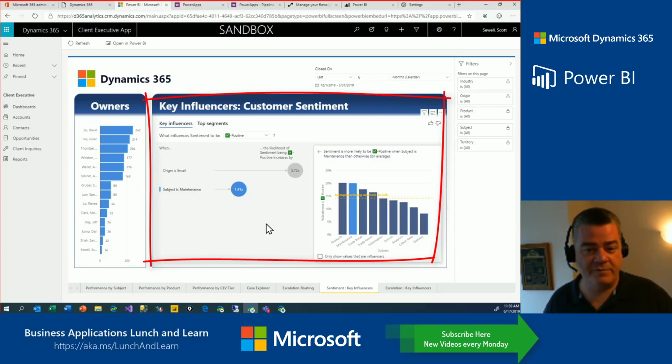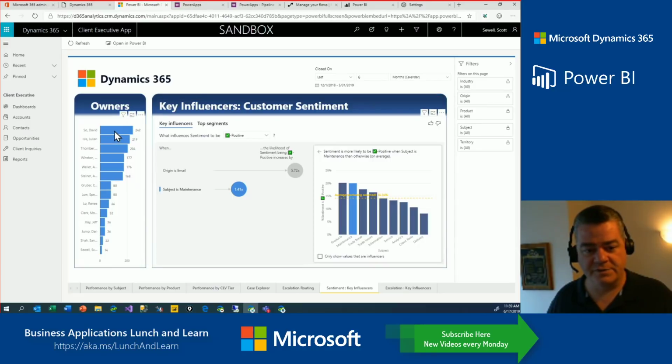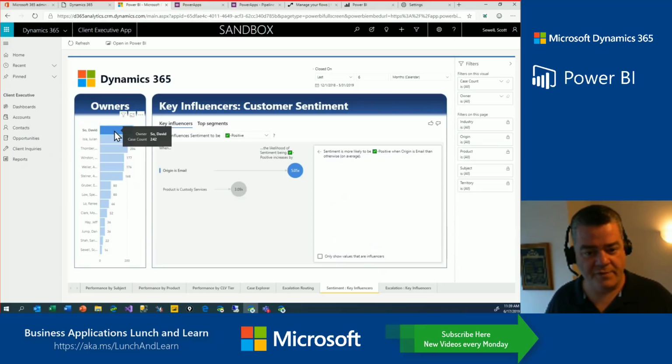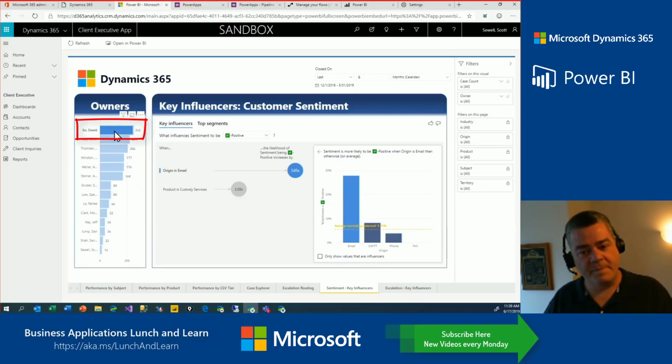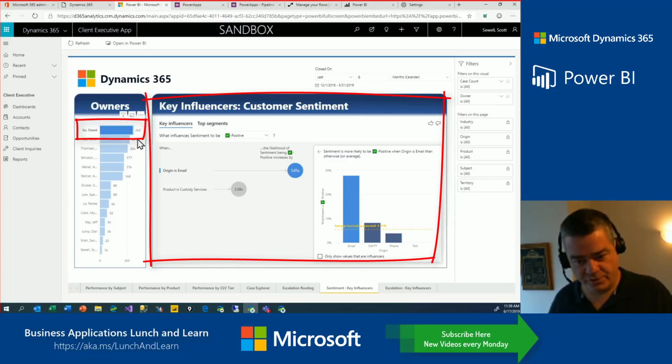But I can take this same information and start filtering it. Let's take an example: I'm going to have a coaching session with David So here, and David has 242 cases. And if I filter to just David, I see that, sure enough, the same thing is true there. With the origin being email, he's 5 times more likely to result in positive.